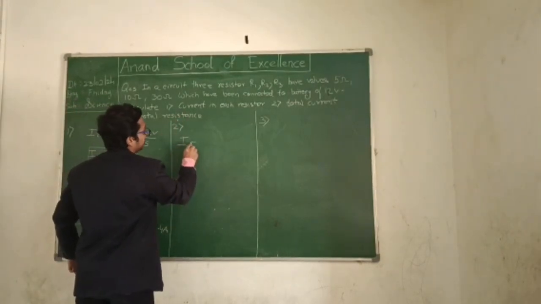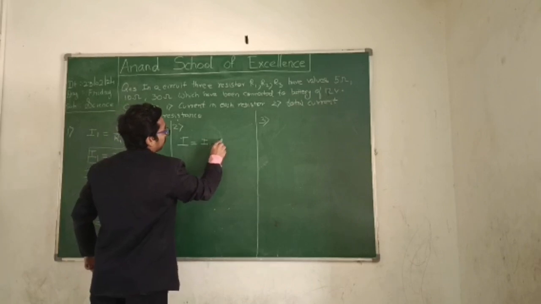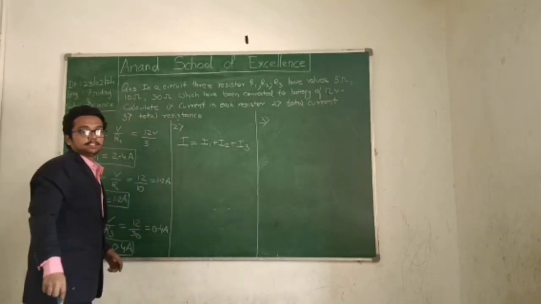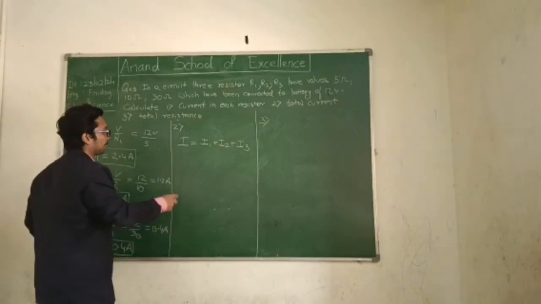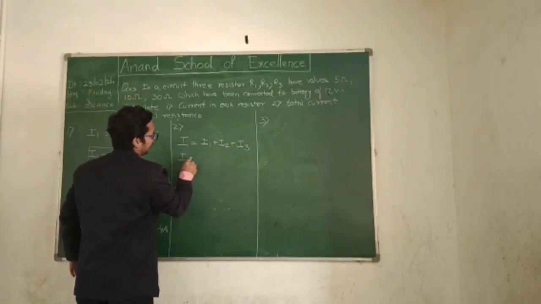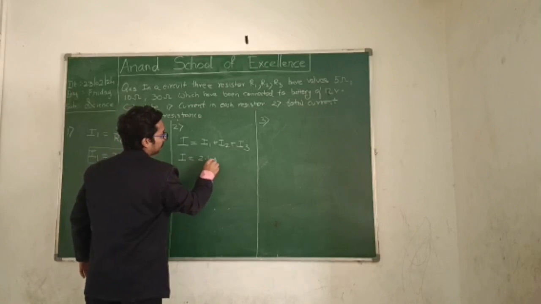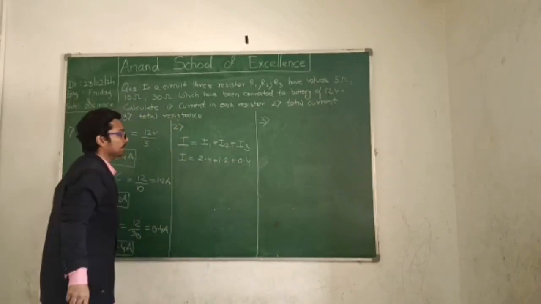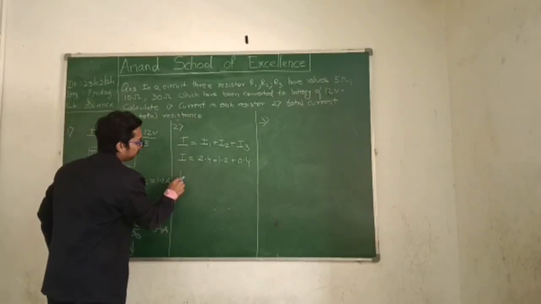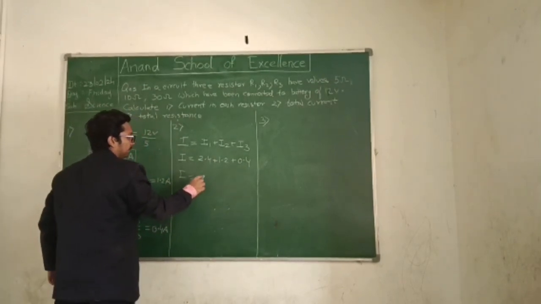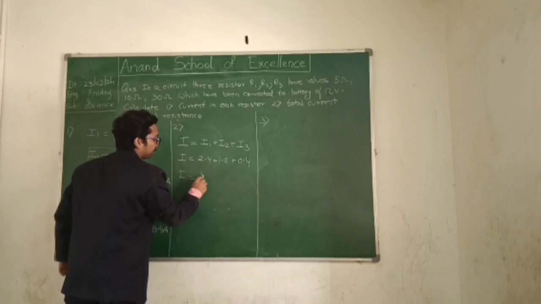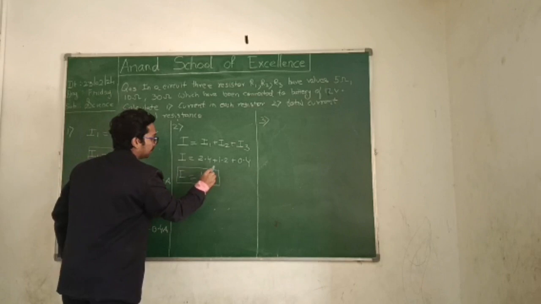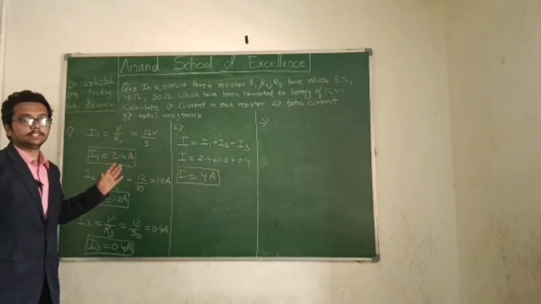So by applying I is equal to I1 plus I2 plus I3, we get the total current in the circuit. So I is equal to 2.4 plus 1.2 plus 0.4. So we get I is equal to 4 ampere. This is the total current that flows in the circuit.